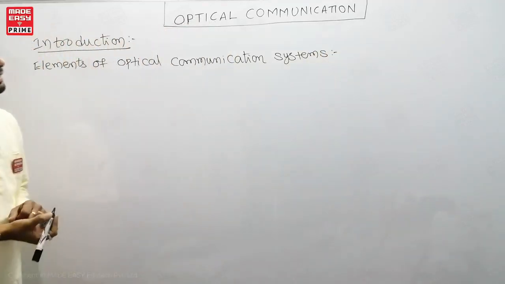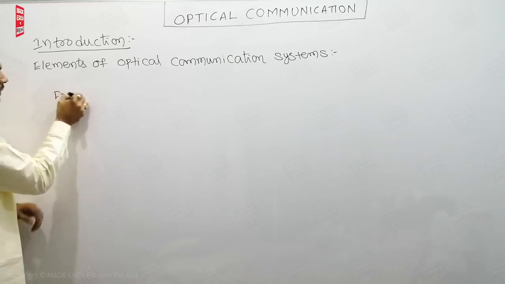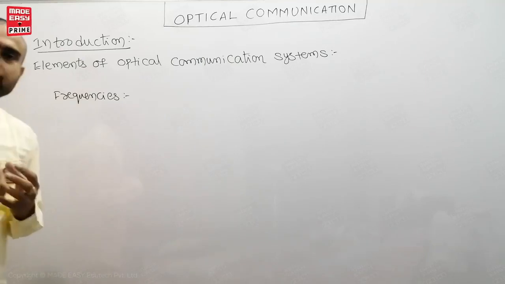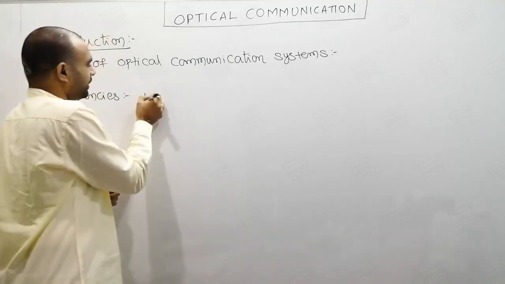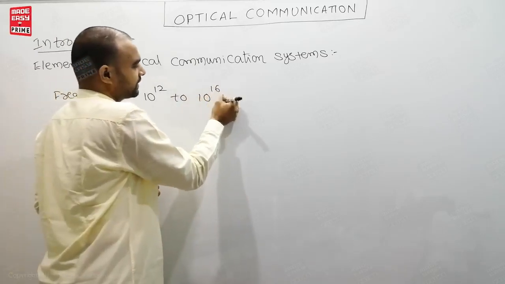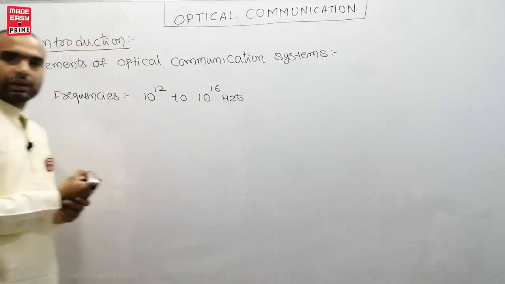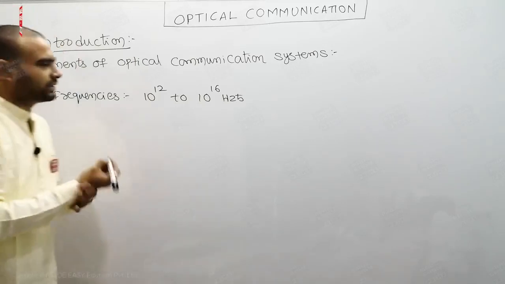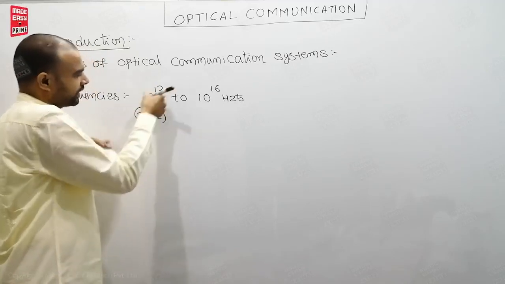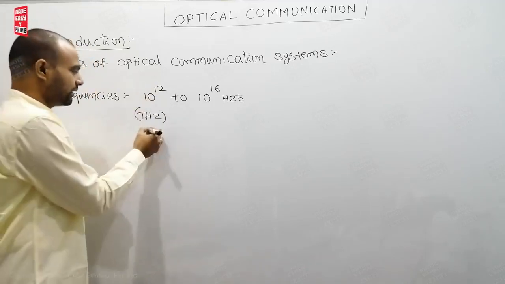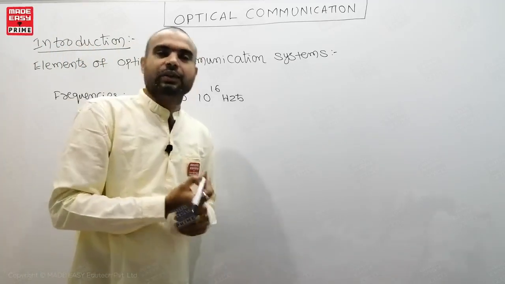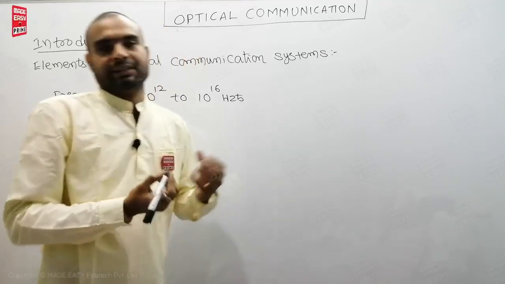The first thing is the frequencies that we use in an optical communication system, which is 10 to the power of 12 Hertz to 10 to the power of 16 Hertz. If you see these frequencies, the frequency starts from terahertz, 10 to the power of 12, which is called the terahertz. So the terahertz is the starting frequency of the optical or light region.